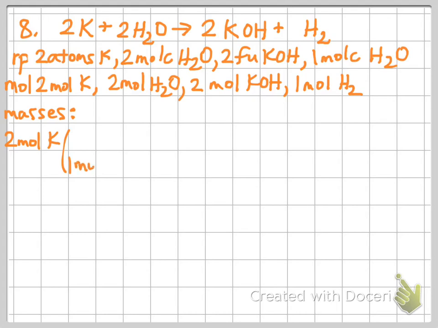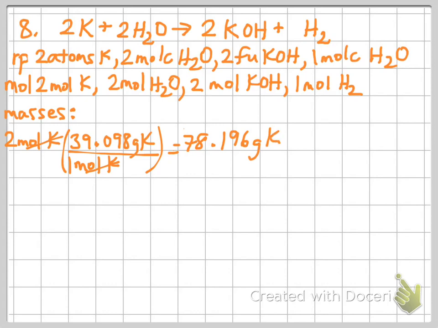So again, we have 2 moles of potassium. We're going to use the molar mass of potassium. Okay. To figure out that's 78.196 grams of potassium. We're going to use water's molar mass, which we just calculated in one of the previous problems.